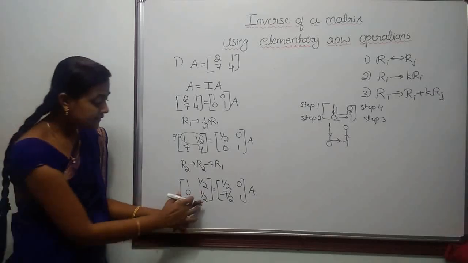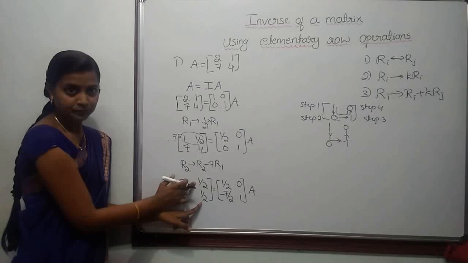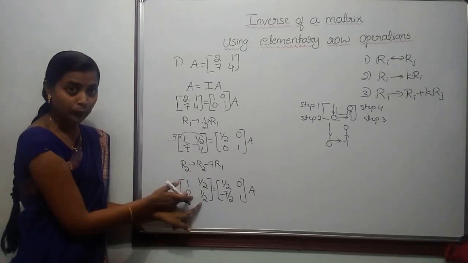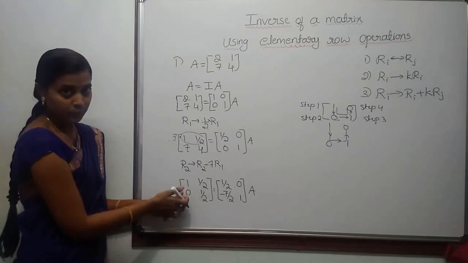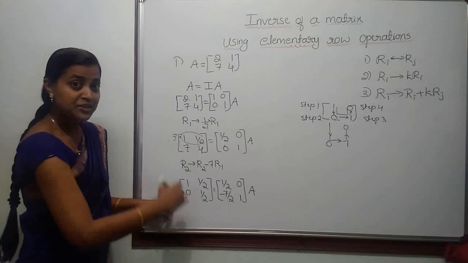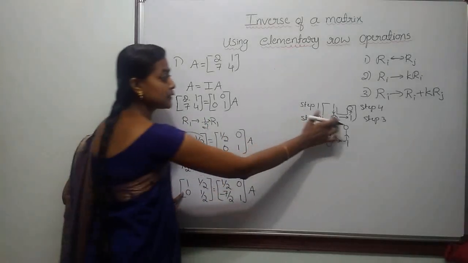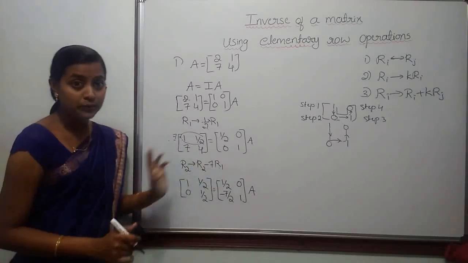To reduce this element to 1, we do not use the first row. If you add or subtract the first row from the second row, then the 1 has to be added or subtracted to 0. Then this 0 will get changed to any other number, but we have to get this element as 0 in the identity matrix. So we do not use first row here.